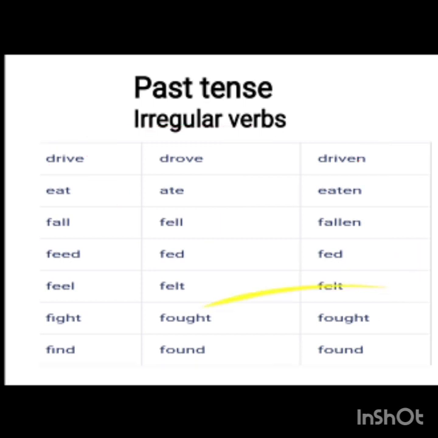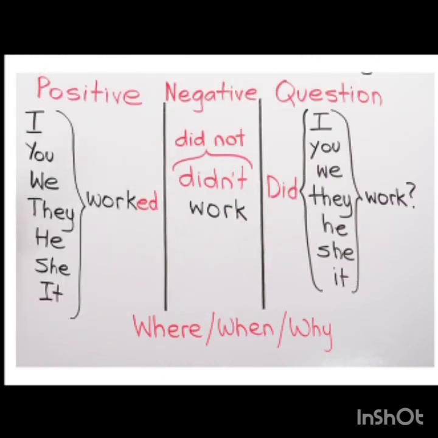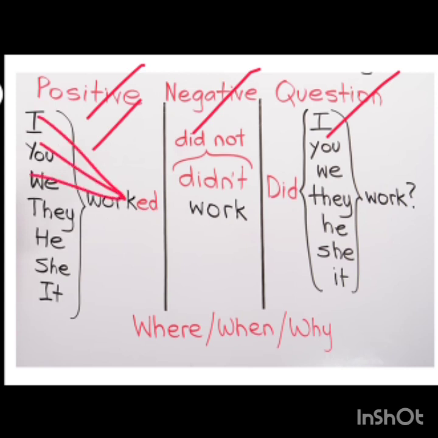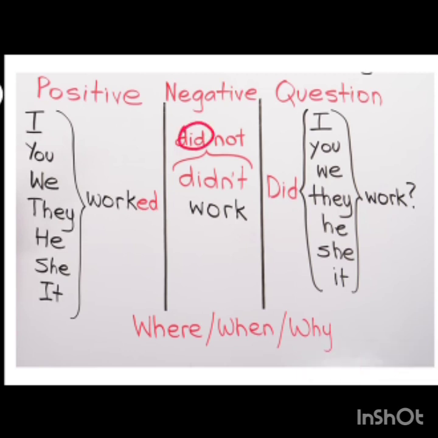So let's see how to form a sentence in the simple past tense: a positive sentence, a negative sentence and a question sentence. We saw already the positive sentence: I worked, you worked, we worked, they worked, he worked, she worked, it worked. In a negative sentence we should add the auxiliary verb did plus not.